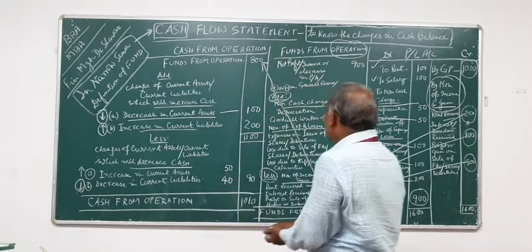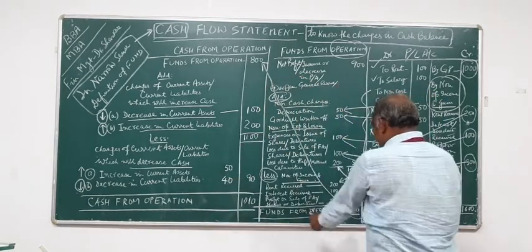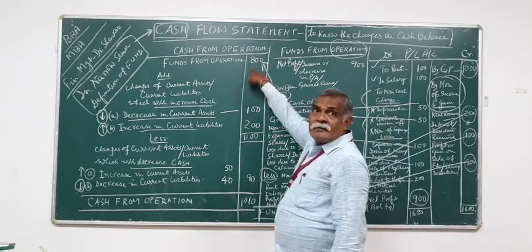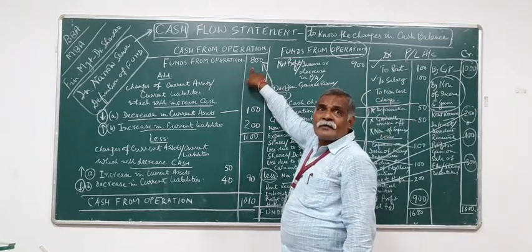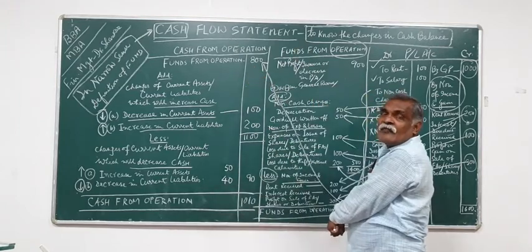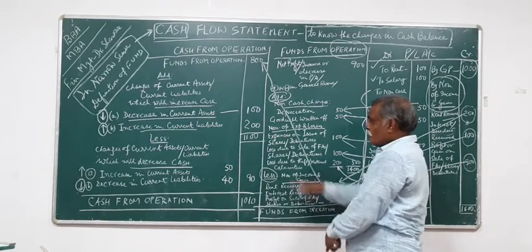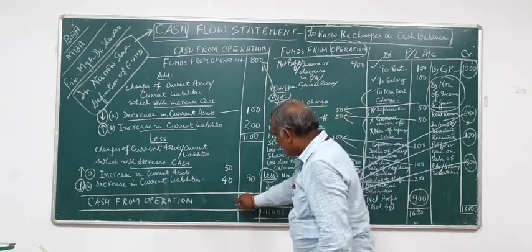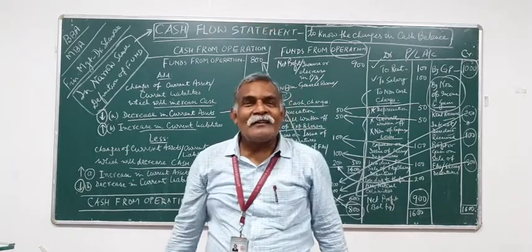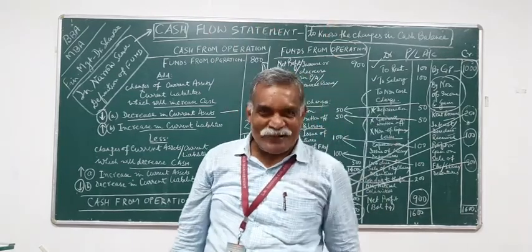But if I prepare fund from operation separately, then from here 800 will come right here. From where 800 comes, the person will see fund from operation. After that we prepare cash from operation here. This cash from operation we will write in the cash flow statement.